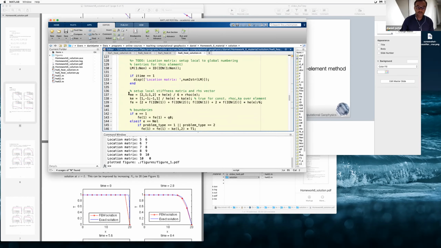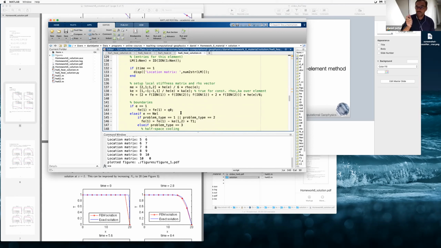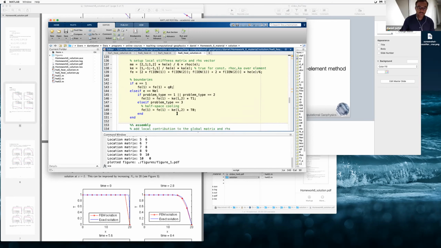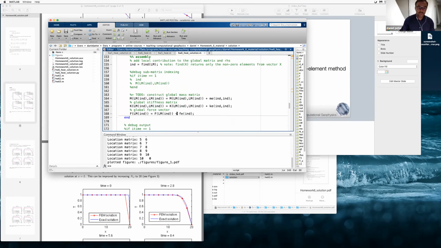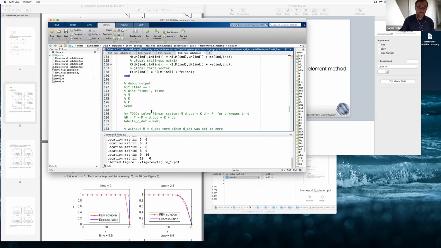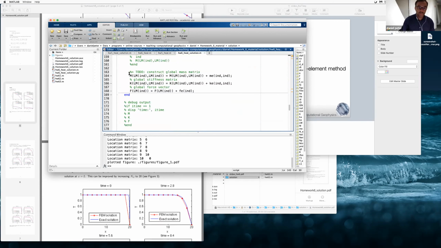For the mass matrix, we have these local contributions that we assemble. So we do have non-diagonal elements that we will add to the mass matrix. This is basically the assembly part.